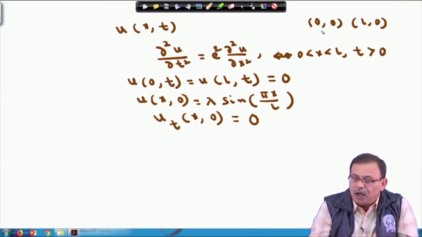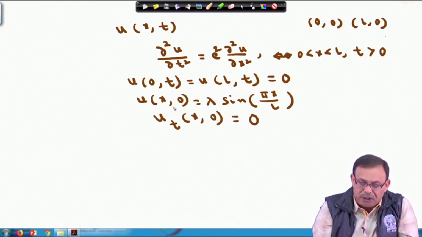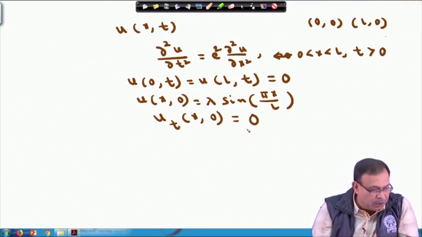The conditions are: it is fixed at (0,0) and the other fixed point is (L,0). So u(0,t) is 0 at x equals 0, and at x equals L also it is 0, and the motion was initiated with u(x,0) = λ sin(πx/L), and from here you can tell that u_t(x,0) = 0 also.